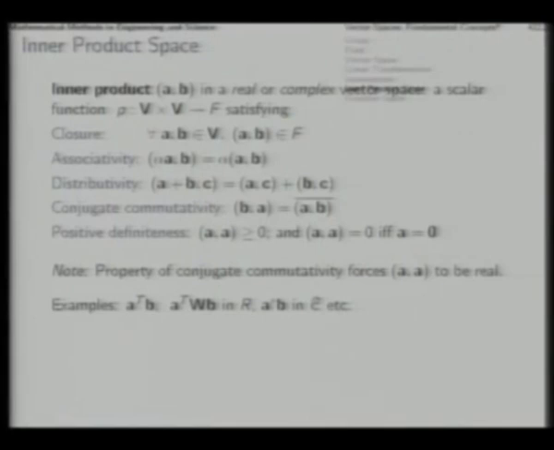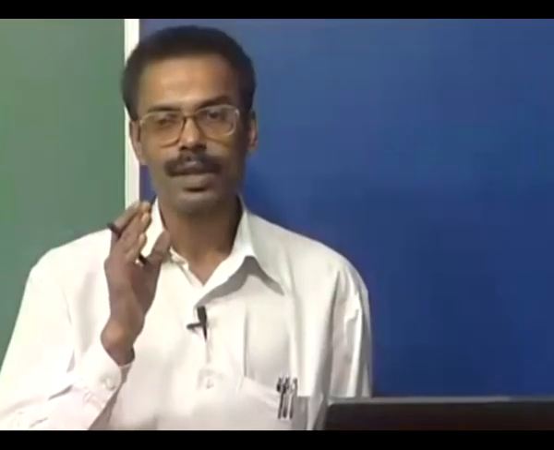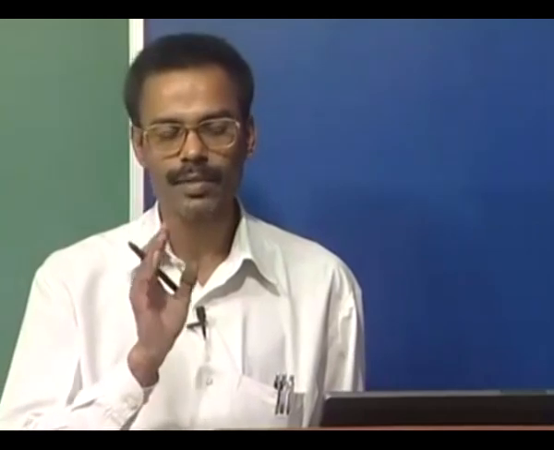In this, you will make note of this particularly, A transpose WB. While defining an inner product as A transpose WB over the field of real numbers, one must be very careful about ensuring that this weight matrix W is symmetric and positive definite.